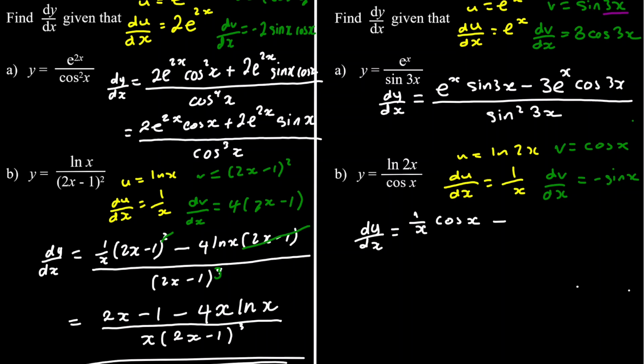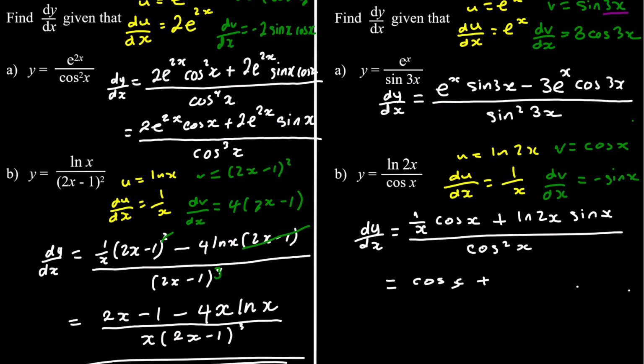It's minus minus, so plus, and it's log 2x sine x over v squared, which is cos squared x. I'll multiply through by x, so it's cos x plus x log 2x sine x over x cos squared x.